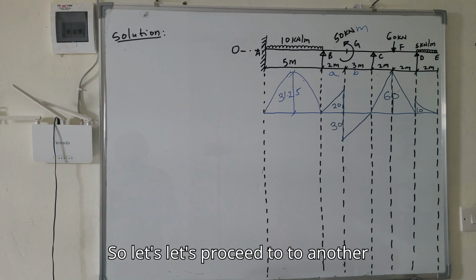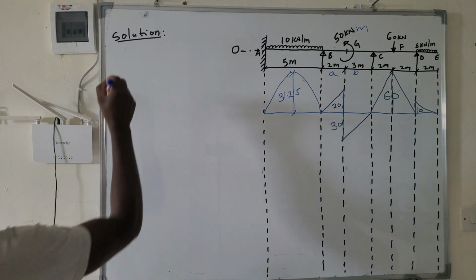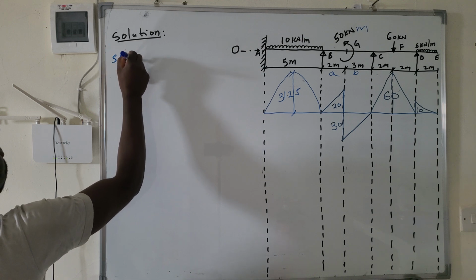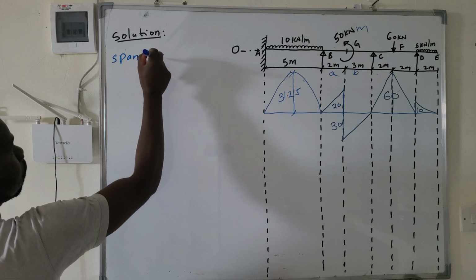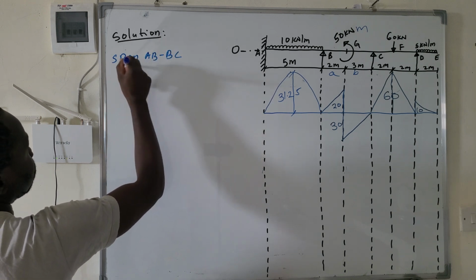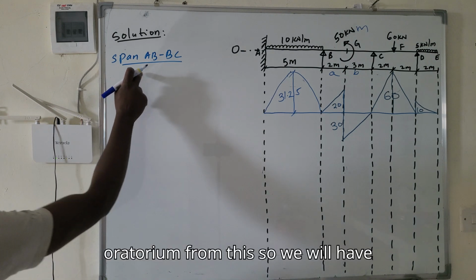So let's proceed to another span. So we will have span AB and then BC. Then we generate our three-moment equation or theorem from this.